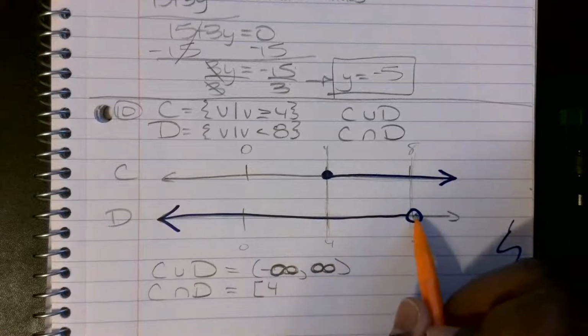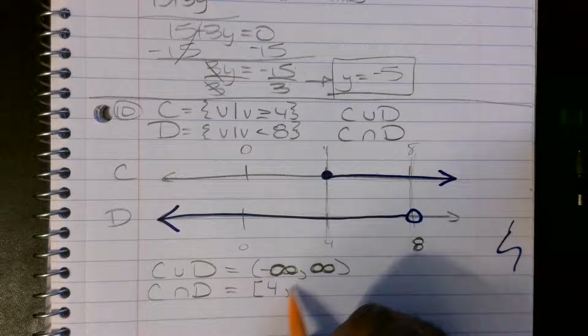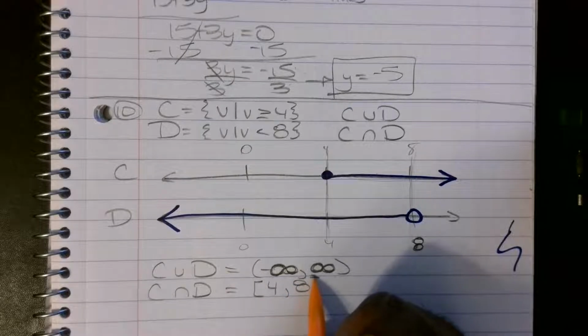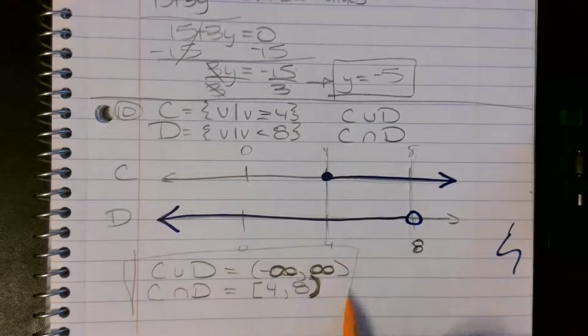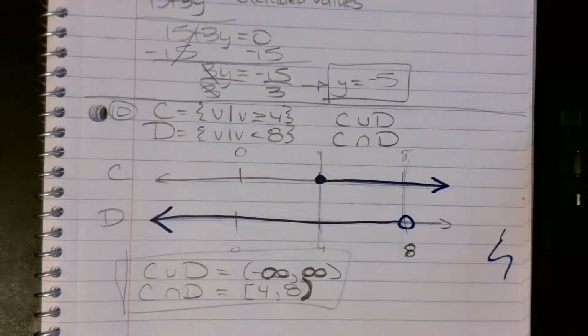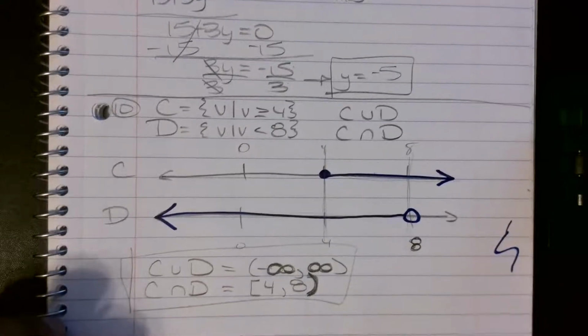The rightmost value is 8, but it doesn't actually include this. And those are our answers. Okay. Let's continue.